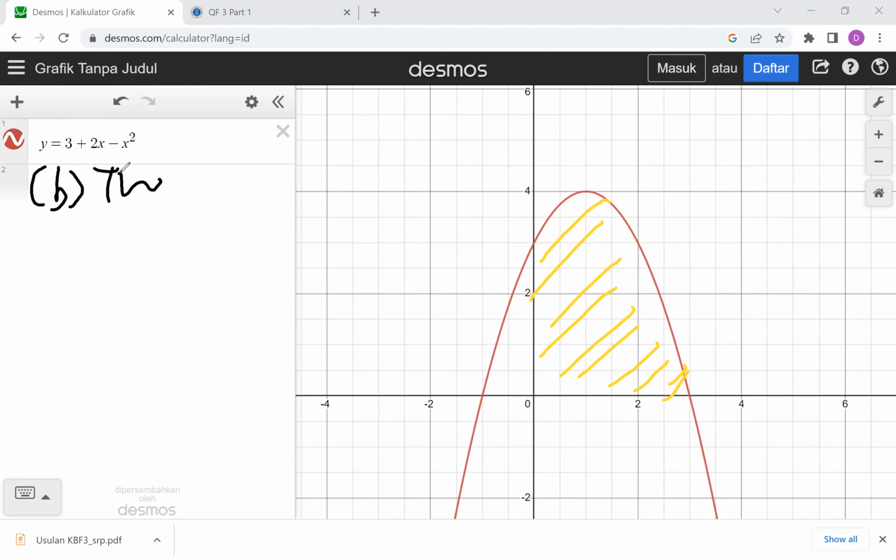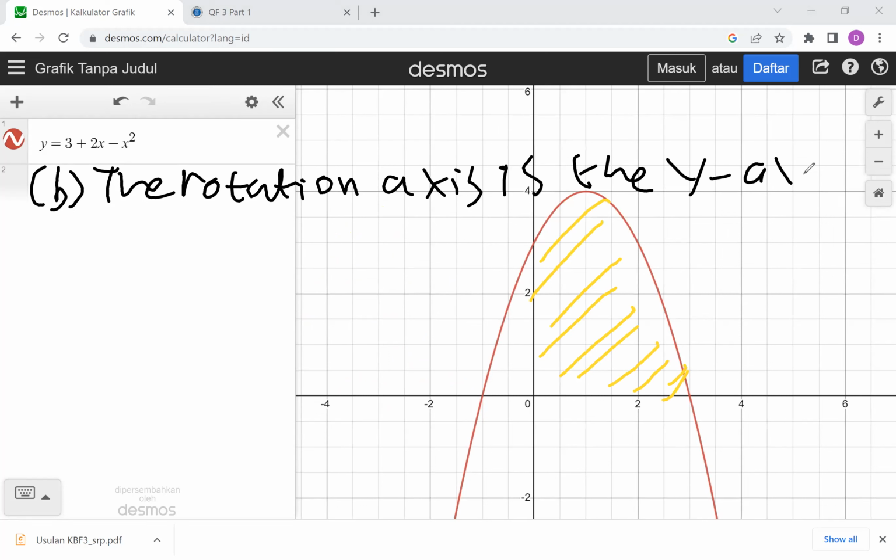B, the rotation axis is the y-axis. So what is the suitable method for this calculation? The method of shells, right? So if we revolve this about the y-axis, then similarly we consider the vertical slicing as well.